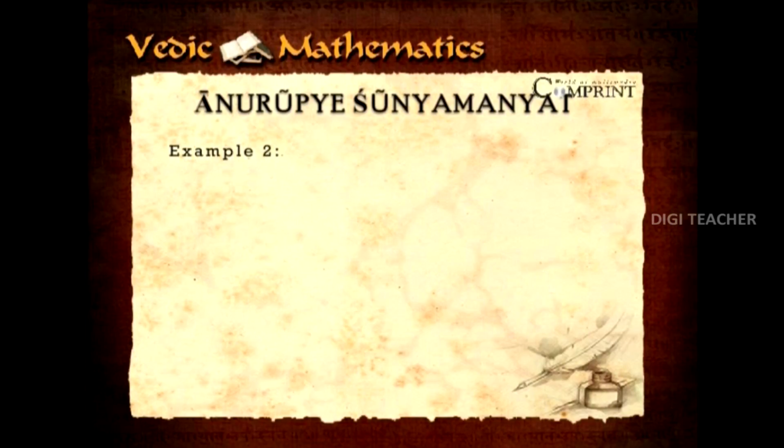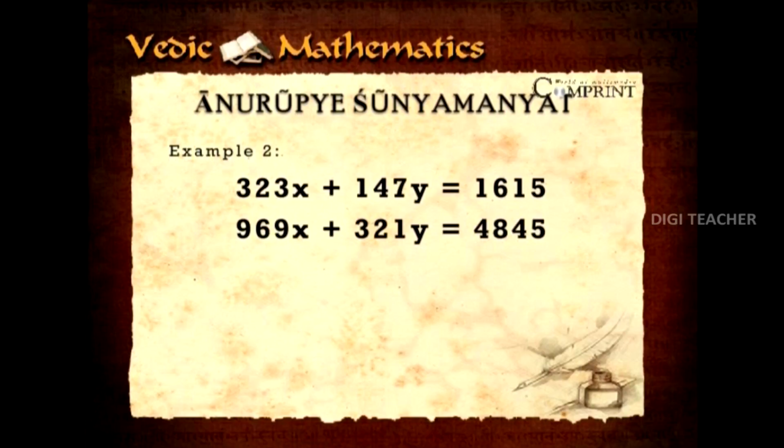Let's look at another example. 323x plus 147y equals 1615. 969x plus 321y equals 4845.